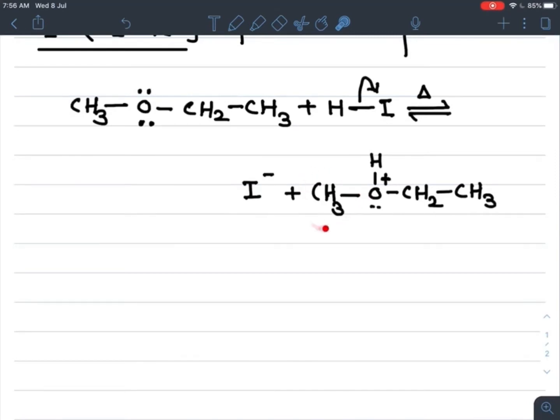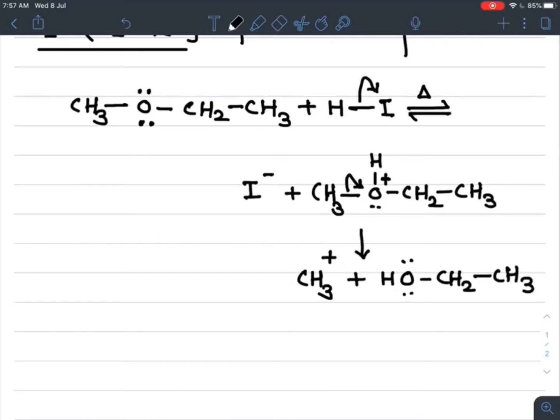The less substituted bond breaks, and priority goes to the breaking of the bond between CH3 and O. This bond breaks heterolytically, meaning both electrons are attracted by oxygen. In the first step, CH3 plus is formed plus OH minus.